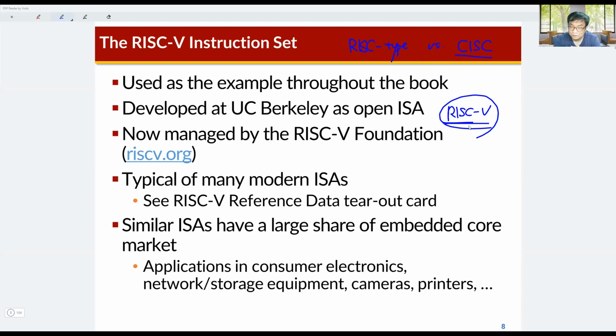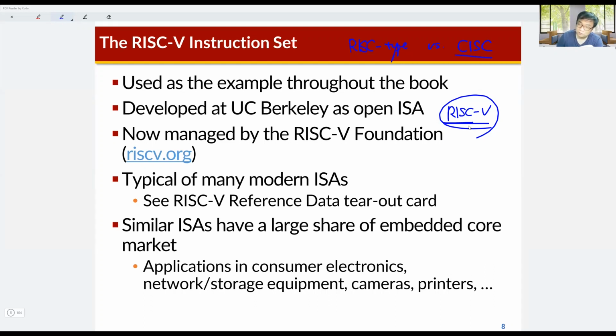It was developed by UC Berkeley. The authors of this textbook are David Patterson and Hennessy. So this is an open ISA. That means we don't need to pay any royalty if we use this instruction set architecture.